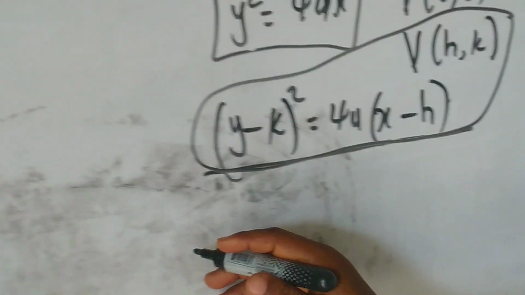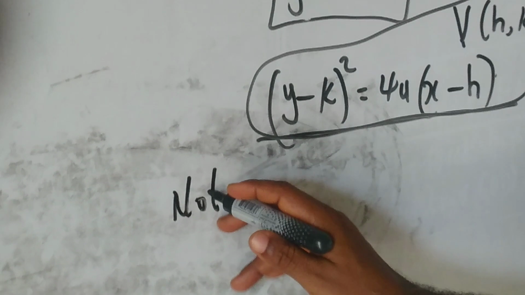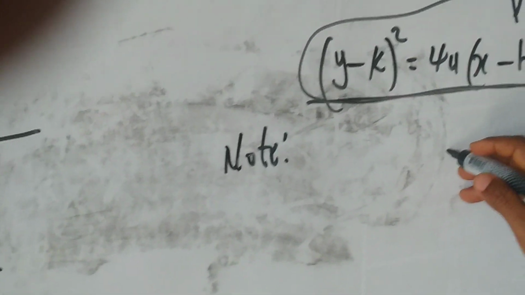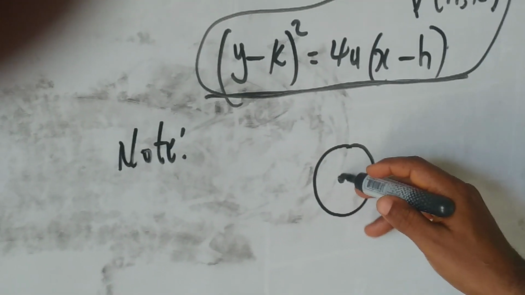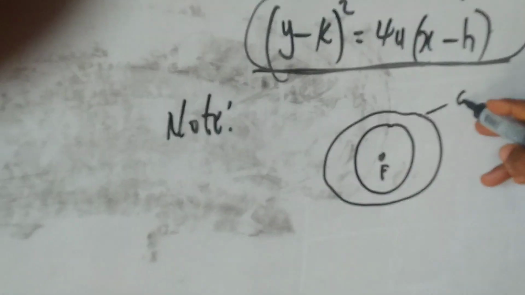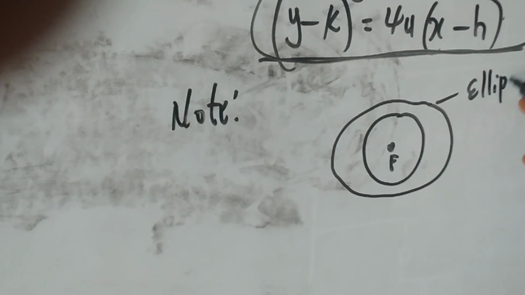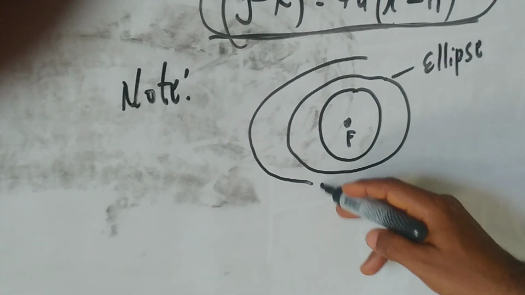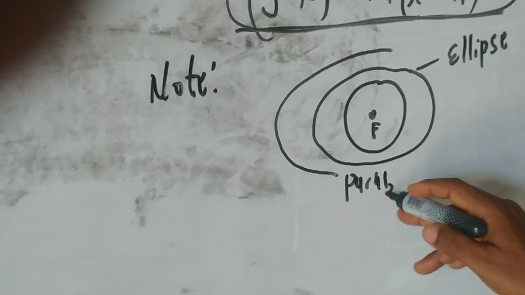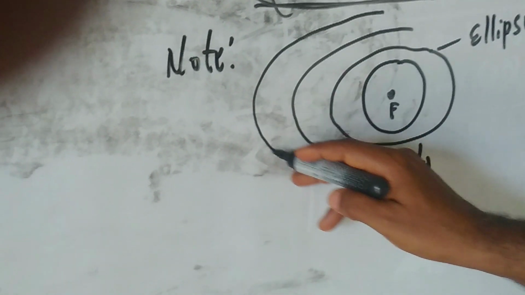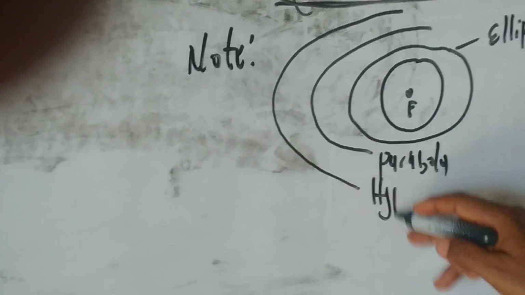Now, we should note something concerning the eccentricity of various shapes. Let's say I have a circle and the focus is at the center of that circle. Then I have another shape called an ellipse. Then I have another shape here called a parabola, which we just discussed. And we have another shape here called the hyperbola.